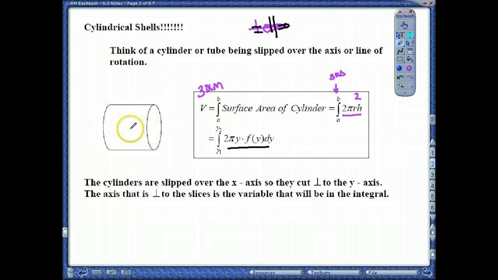Well, if you're looking at this going through the x-axis here, okay, your radius is going to be that y, and your height is going to be that function. Okay, so you're still going to be looking right to left. Okay, but this gives you another option. You can't have x's inside your integral and you're rotating it about the x-axis. You're going to have to do cylindrical shells.